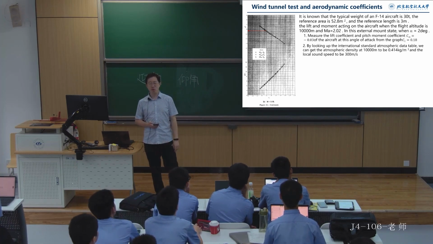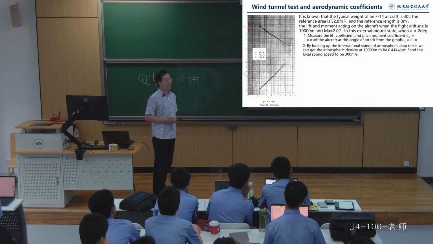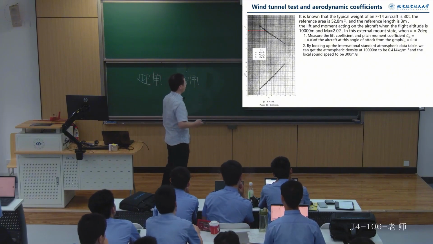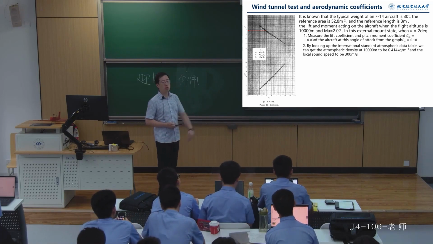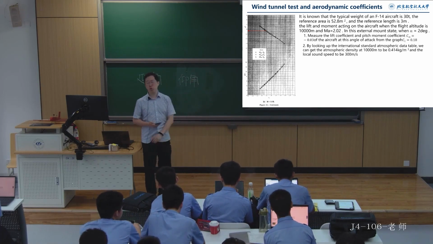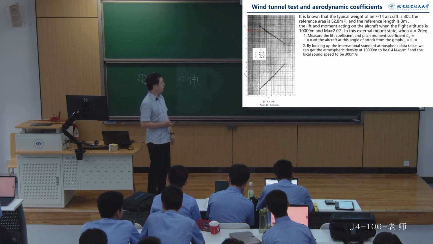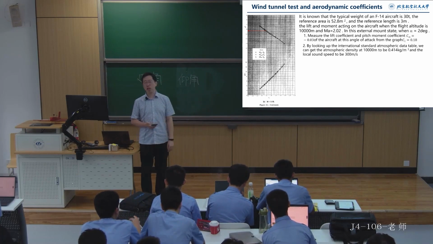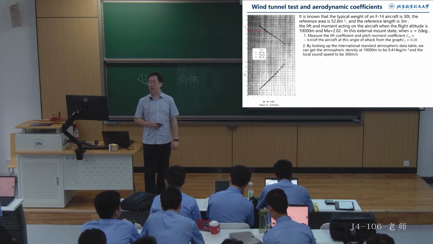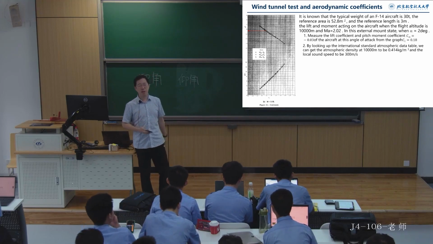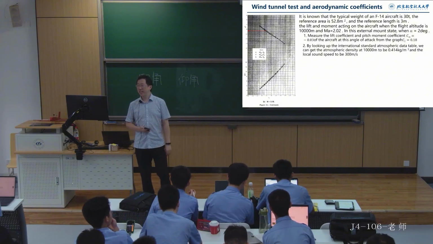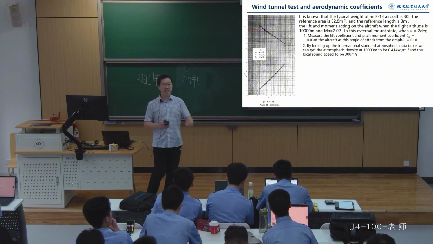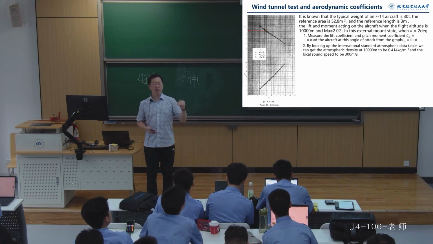Let's see how to calculate it. Here, I also ask everyone to open the calculator function on your calculator or phone directly, and let's take a look. First, we need to read the parameters we need from this chart. So, what kind of state did we mention earlier? We need to ensure similarity. What kind of angle similarity do we need? The angle of attack and the side slip angle should be similar, right?